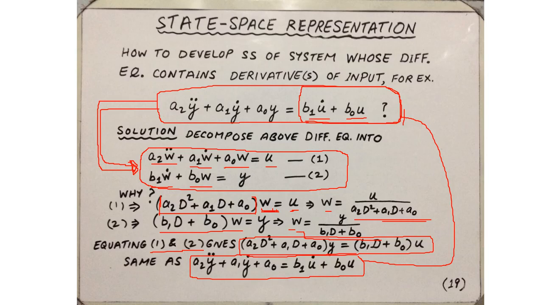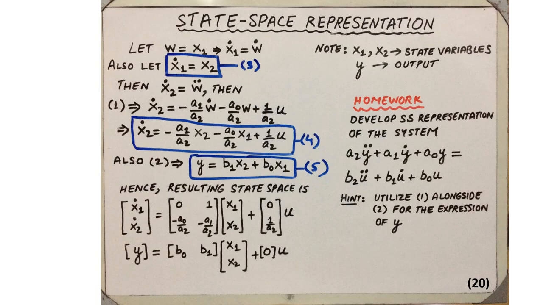That is, we can represent the actual differential equation as a set of two differential equations, 1 and 2. So once this decomposition is obtained, then the rest of the task is relatively straightforward. The auxiliary variable w is set equal to the state variable x1.